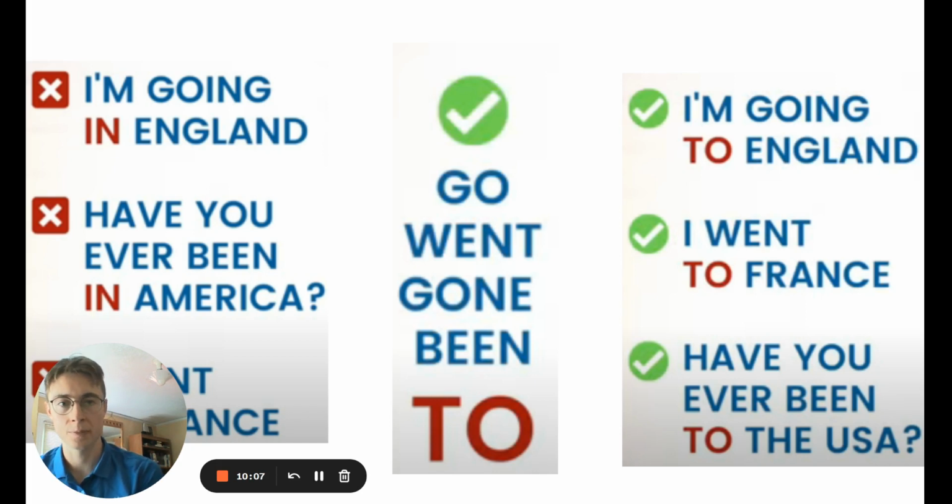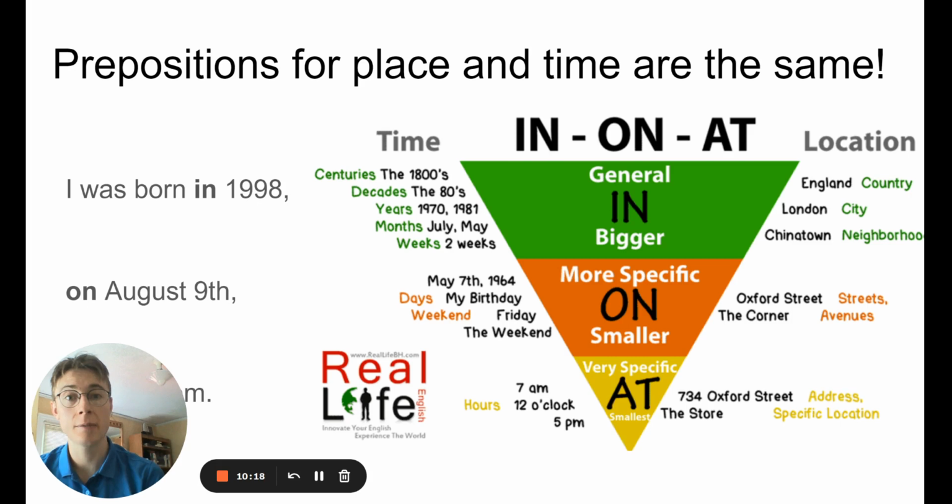So prepositions for place and time are actually the same, oftentimes. So we've talked all about location today, in, on, and at, and how it gets more specific as we go down this triangle. It's actually the same for time. So for example, I was born in 1998. In 1998, that's a big period of time. It was a whole year, and I was born in that year.